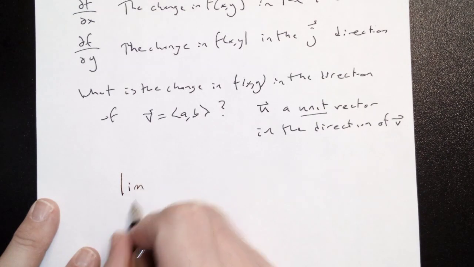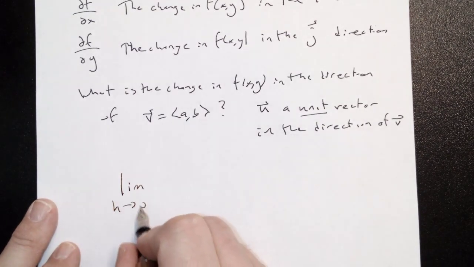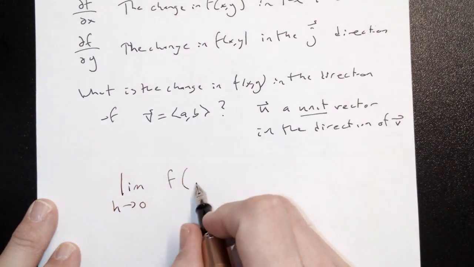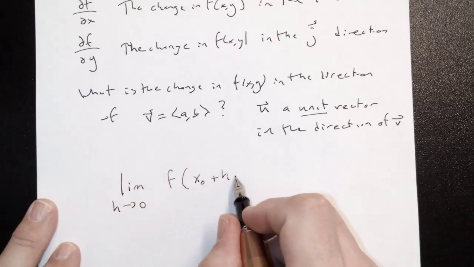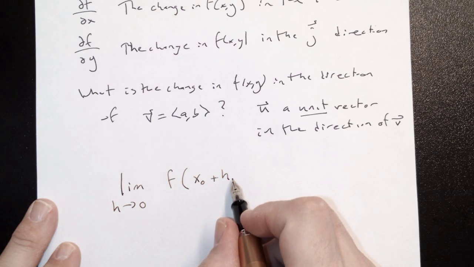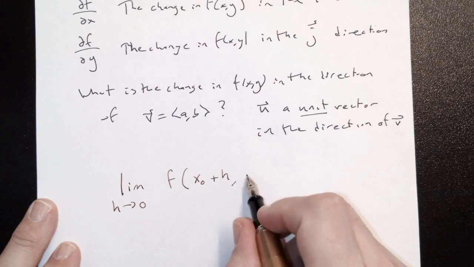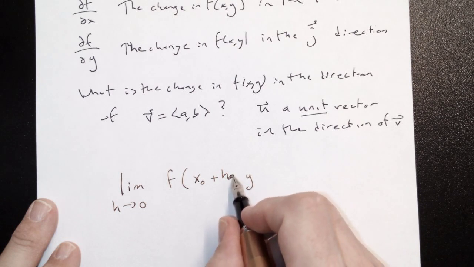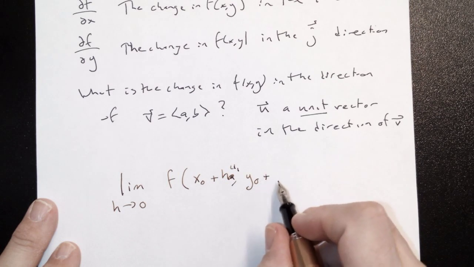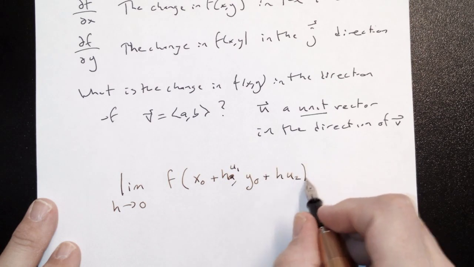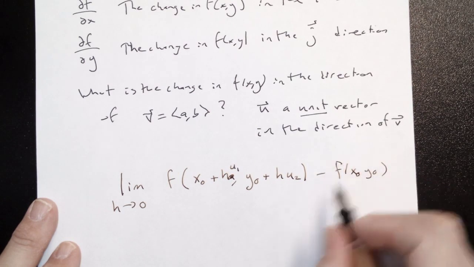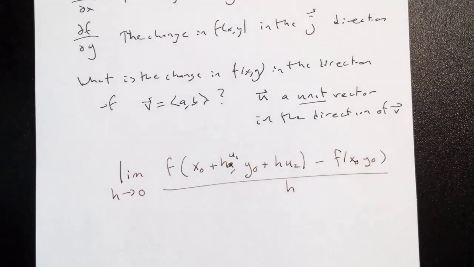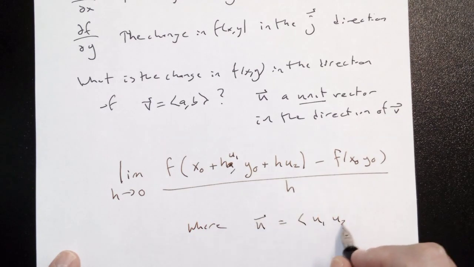Then I'll do my derivative calculation. That's h times u1 with the x0 there. This unit vector u will be u1, u2.